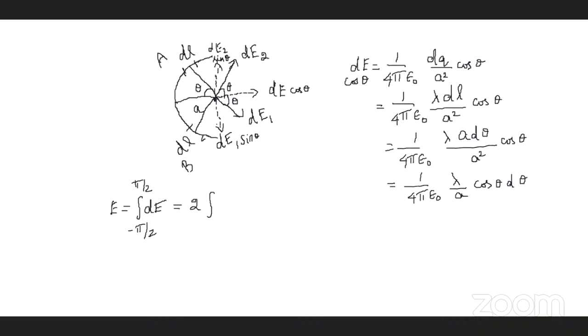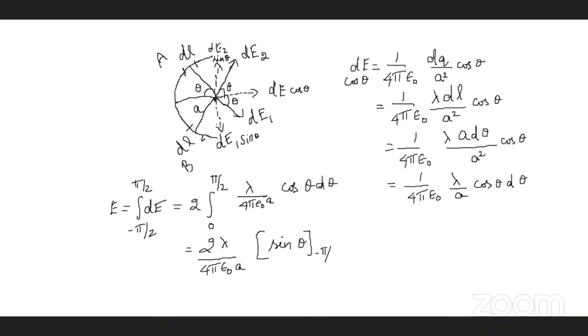You can change the limits to 0 to pi by 2 with a factor of 2, into lambda by 4 pi epsilon naught a. You can take all the other terms outside. So 2 lambda by 4 pi epsilon naught a into integral cos theta d theta, that will be sin theta, and you apply the limits.